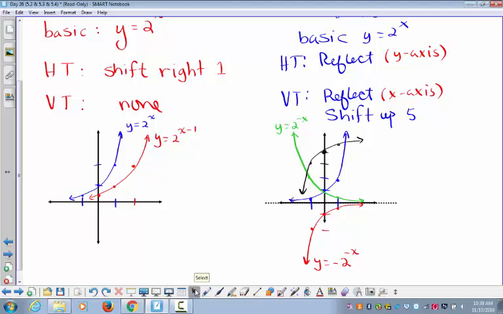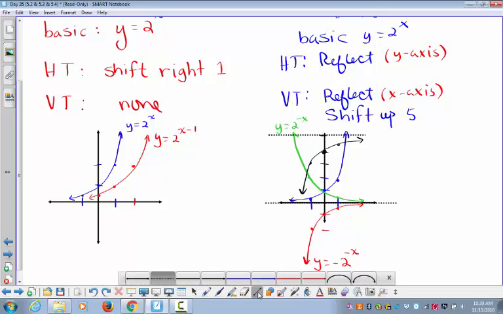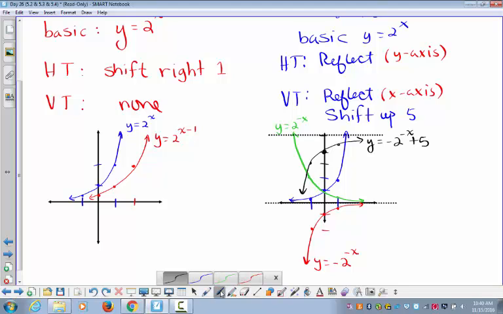That means the asymptote also shifts up 5. So when we do a vertical shift, that asymptote comes along for the ride. So it's got to be up there at y equals 5. There's our final graph. It's the black curve.